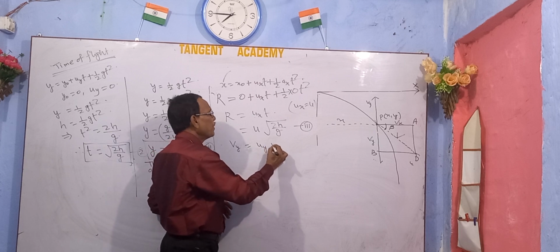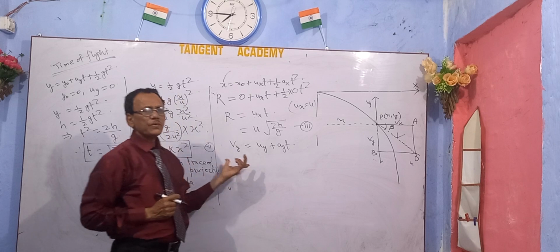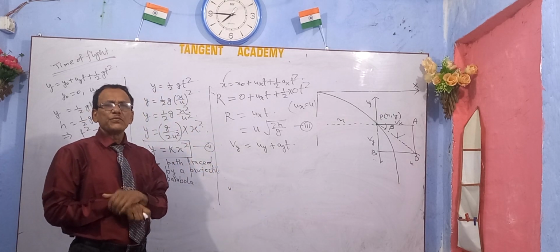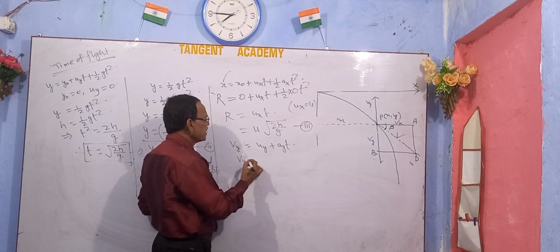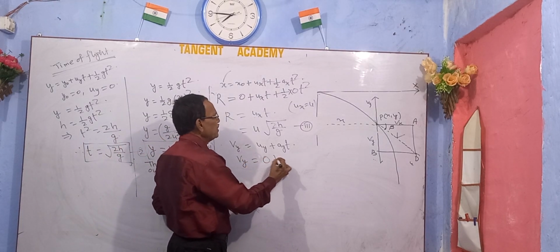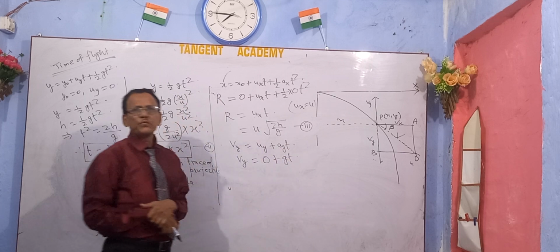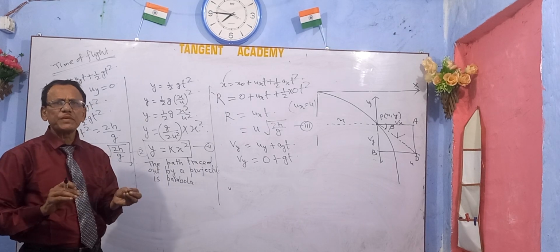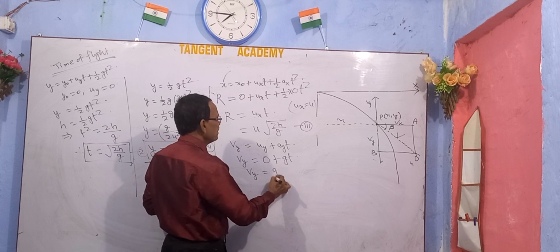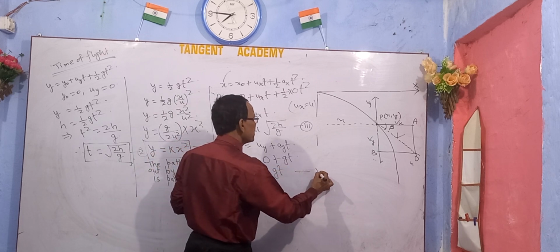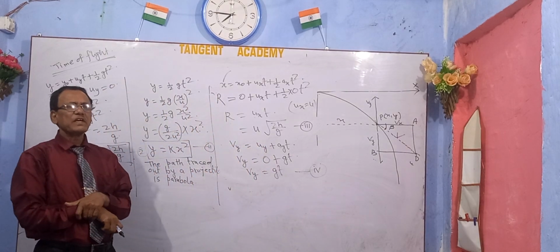It will give you the relation Vy is equal to 0 plus gt. Vertical acceleration exists, so Vy is equal to gt. Let us denote it as relation 4.